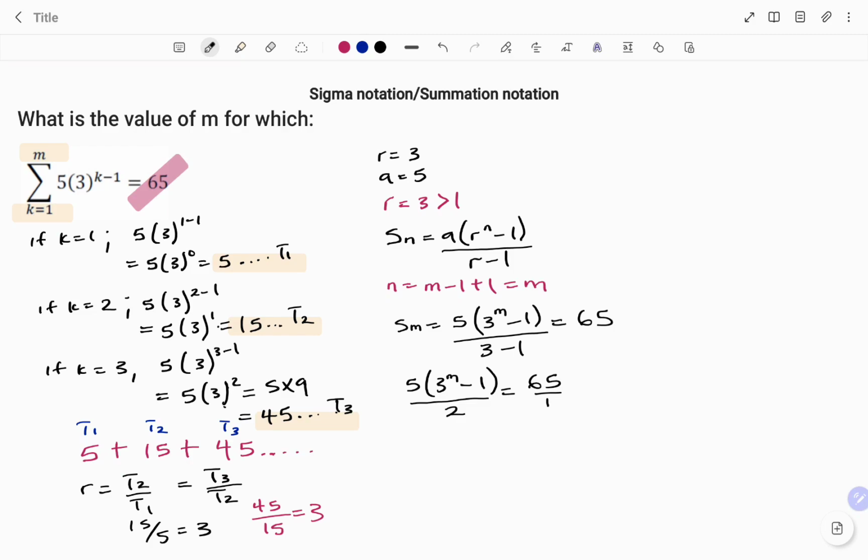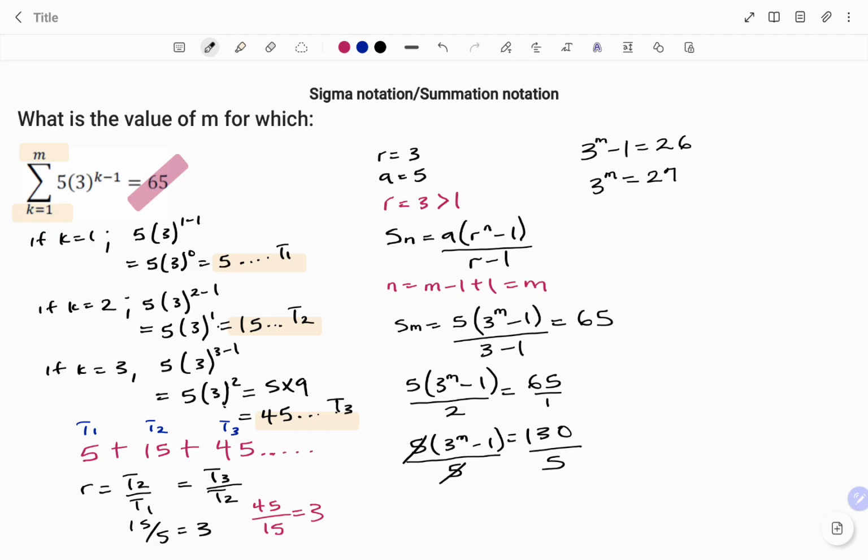If I cross multiply, I have 5 in bracket 3 to the power of m minus 1 equals 65 times 2, that's 130. If I divide both sides by 5, I'm left with 3 to the power of m minus 1 equals 130 divided by 5, that will give us 26. Moving my minus 1 to the other side, I have 3 to the power of m equals 26 plus 1, that's 27.